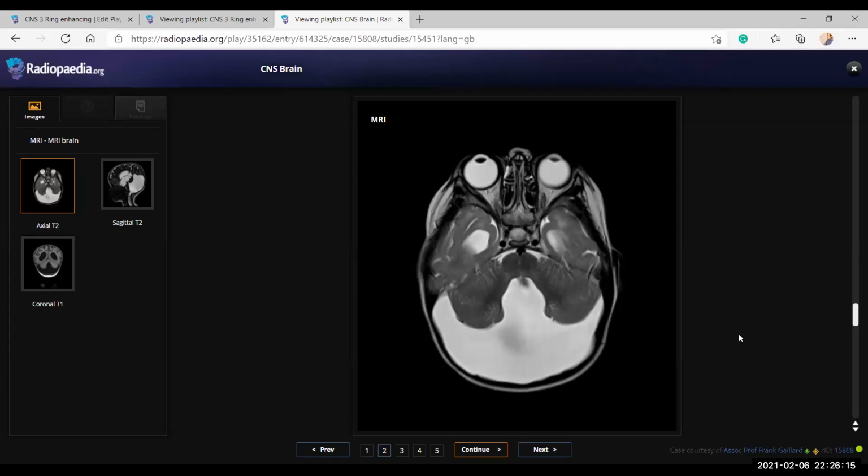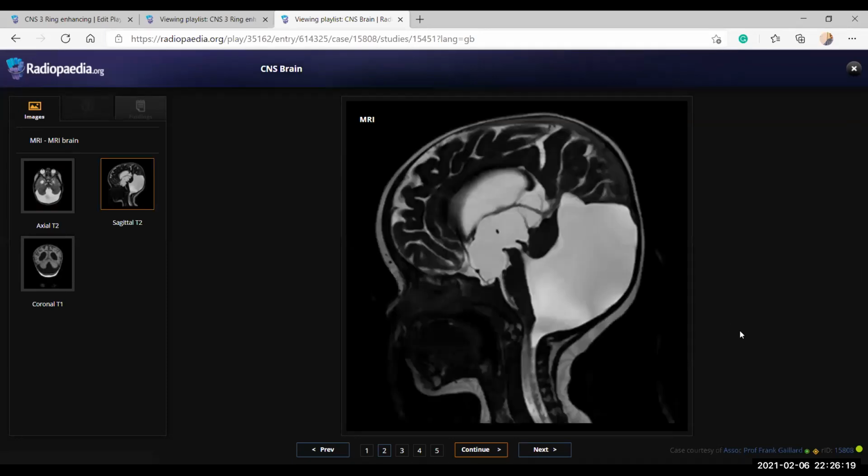Can I see the sagittal T2? Okay. The sagittal T2 also confirms the large retrocerebellar cystic lesion connected to the fourth ventricle with supratentorial hydrocephalus. There is absence of flow void signal in the aqueduct of Sylvius.